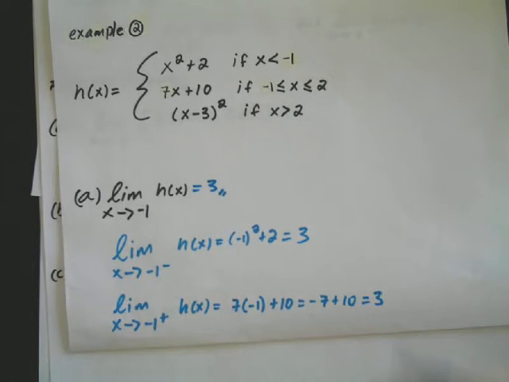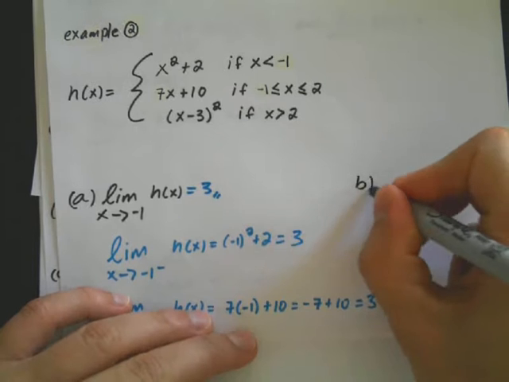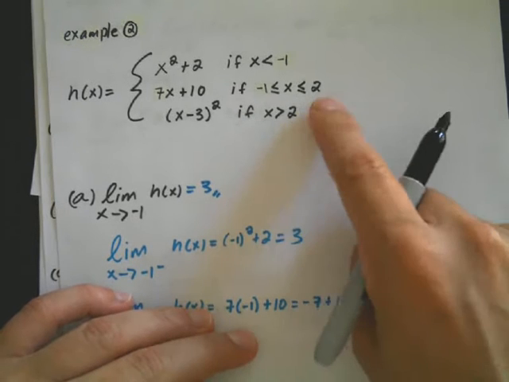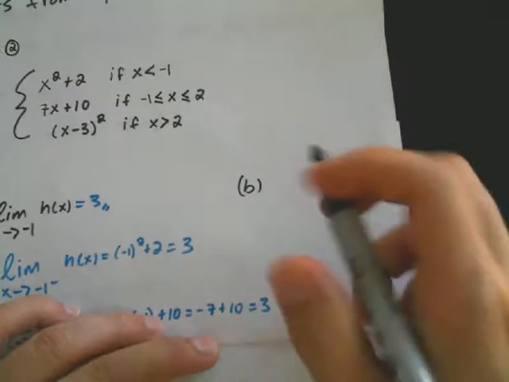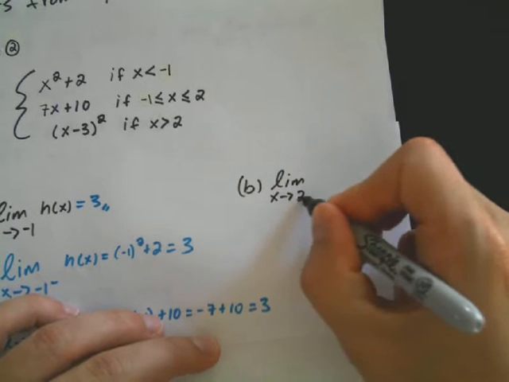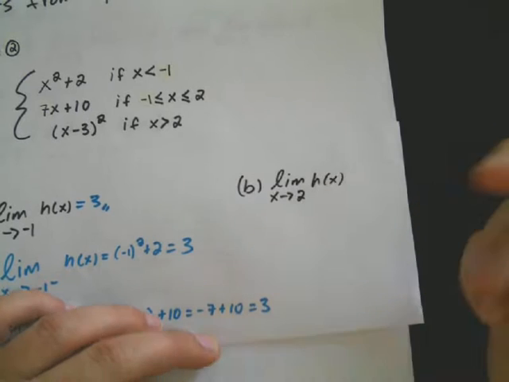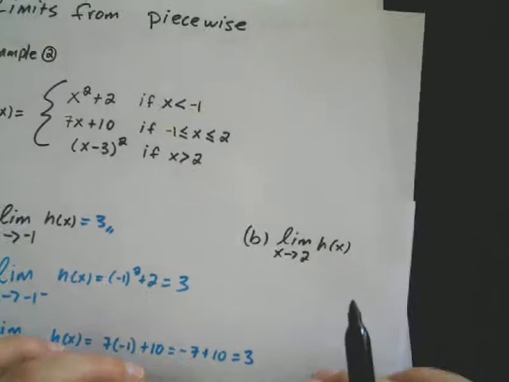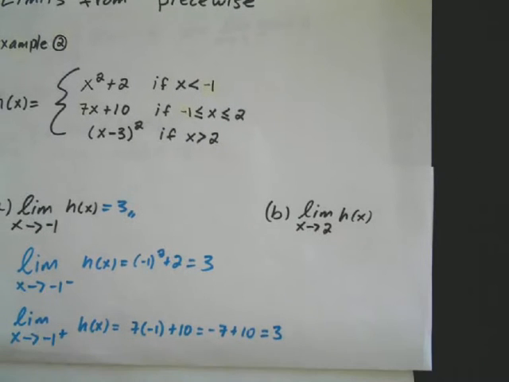Part B is going to be finding the limit at the other point that they split, which is at 2. I take the exact same approach. I have to find the limit as I approach 2 from both sides, the left and the right. So this is going to be the limit from the left.